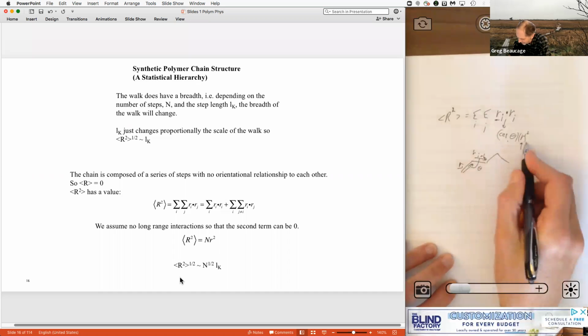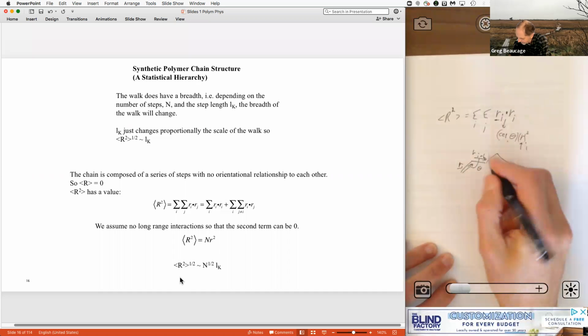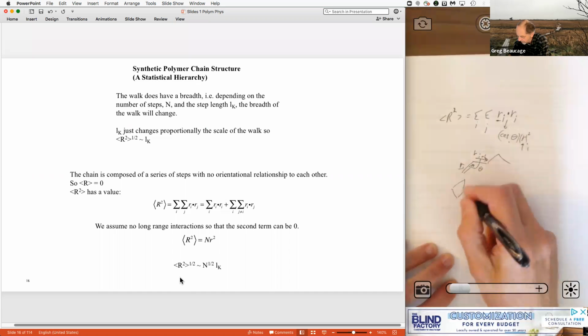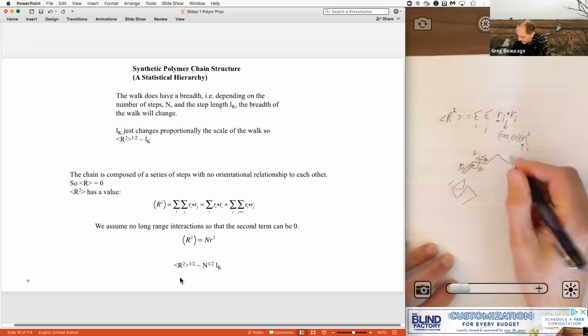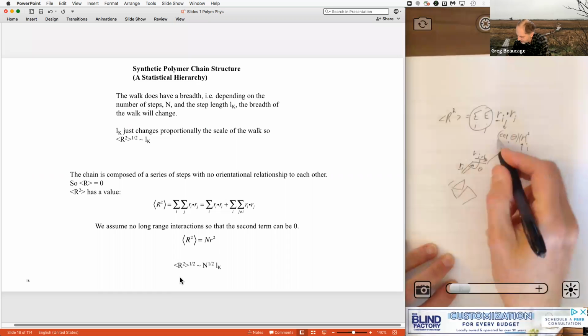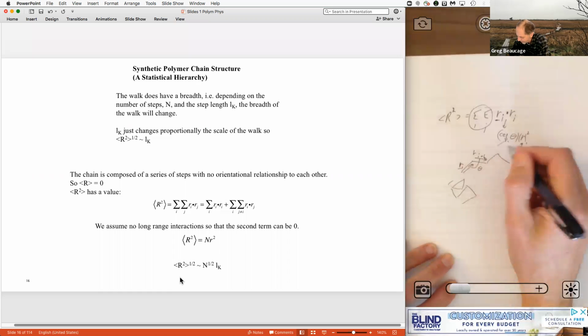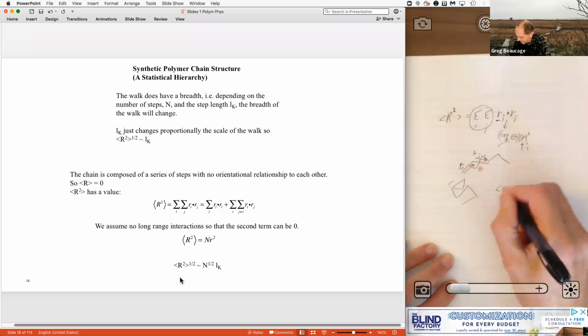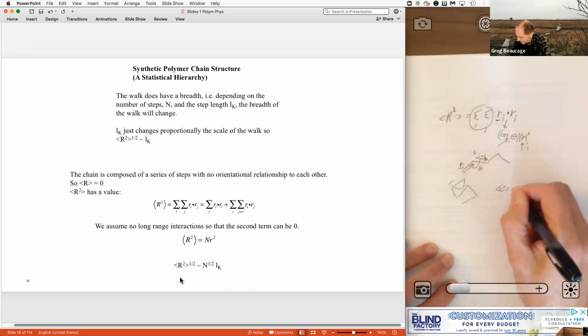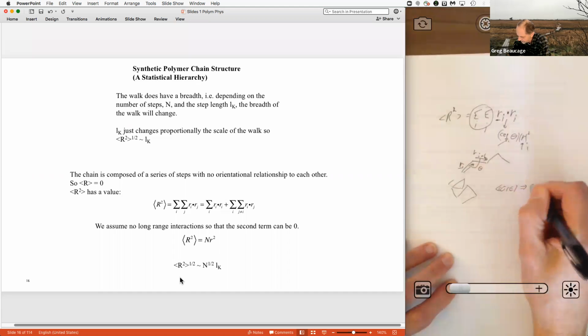If this is truly a random walk going in all different directions, this double sum is an average of this cosine, and the average of the cosine is going to go to 0.